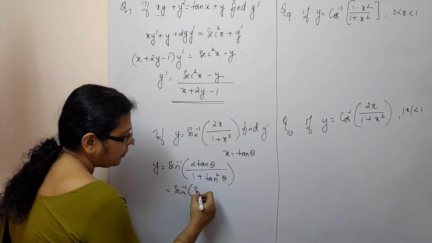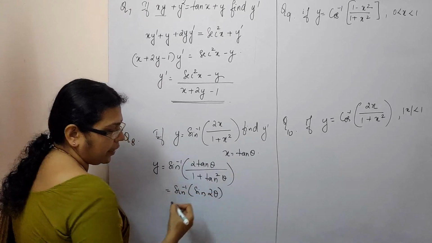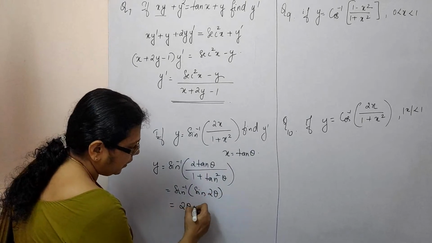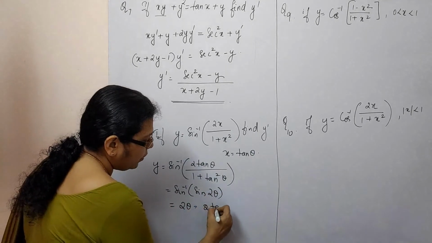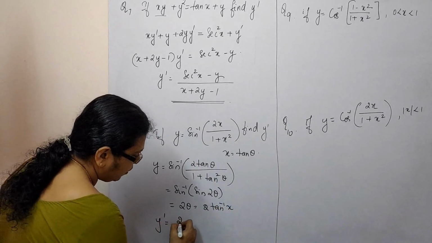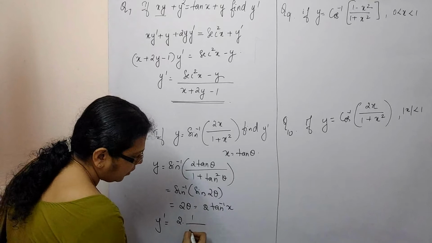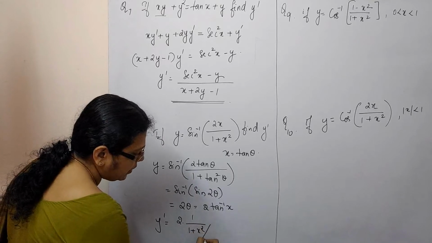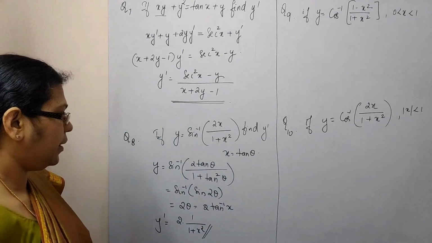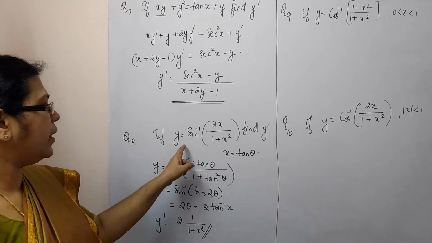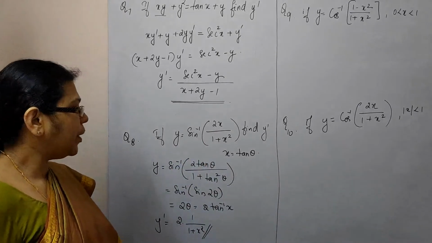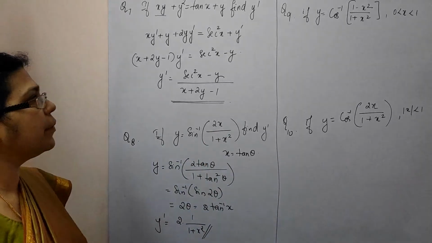Isn't it sine 2 theta? So what is sine inverse of sine 2 theta? That is 2 theta, which is 2 into tan inverse of x. So what is y dash? y dash is equal to 2 into derivative of tan inverse of x, which is 1 by 1 plus x squared. Am I clear? This is much easier and faster. That's why we use the substitution method here.